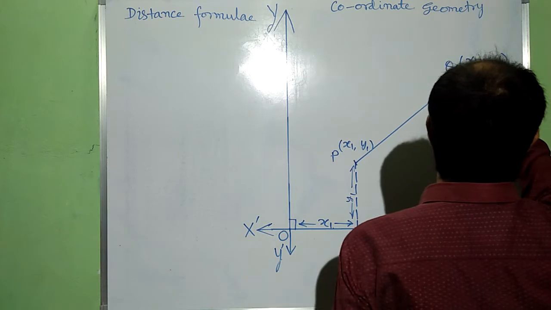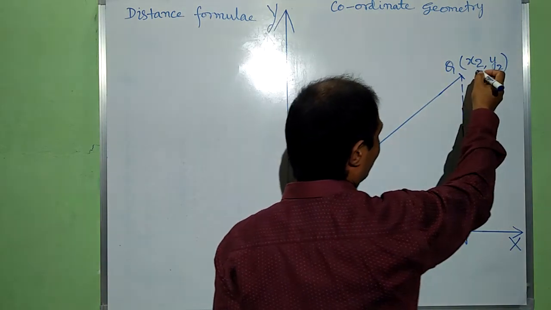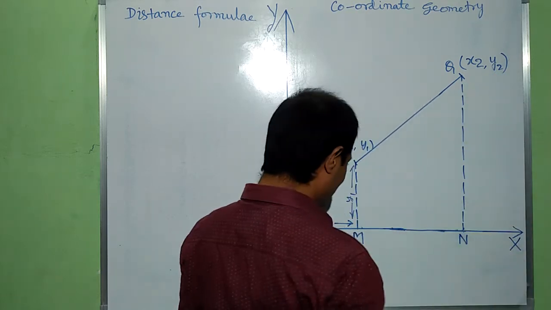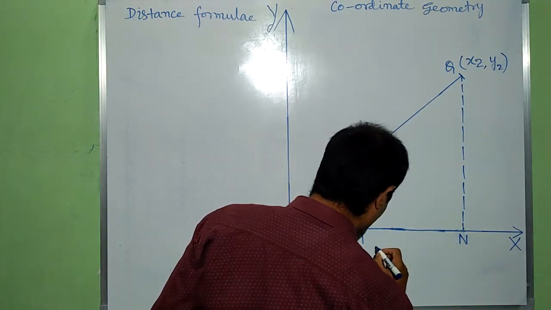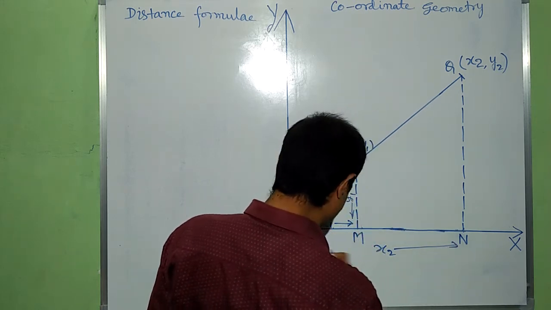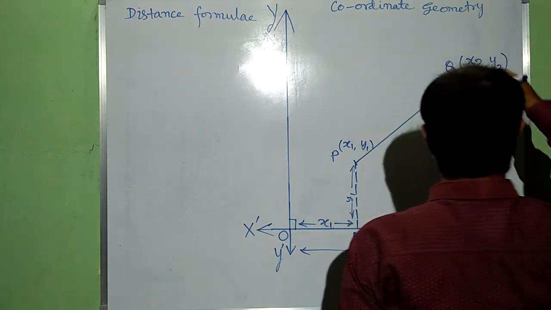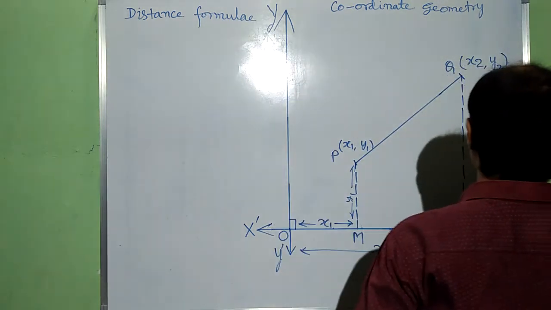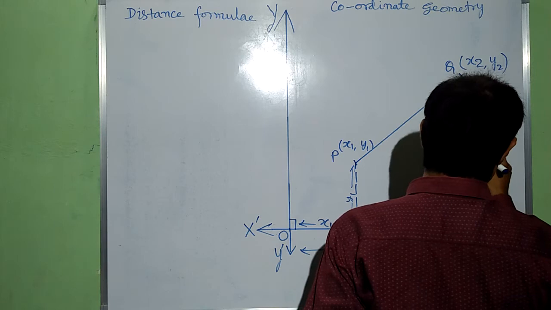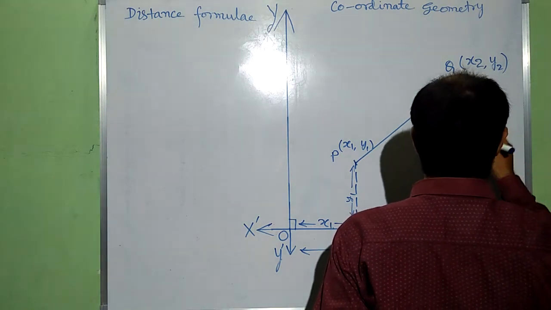Now, this is an ordered pair whose first element is x2. Its distance alongside the x-axis will be x2, like this. And its distance alongside the y-axis, that is y2, like this.